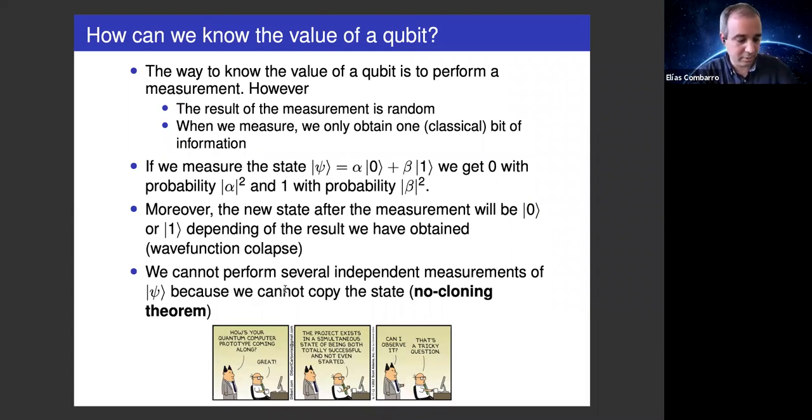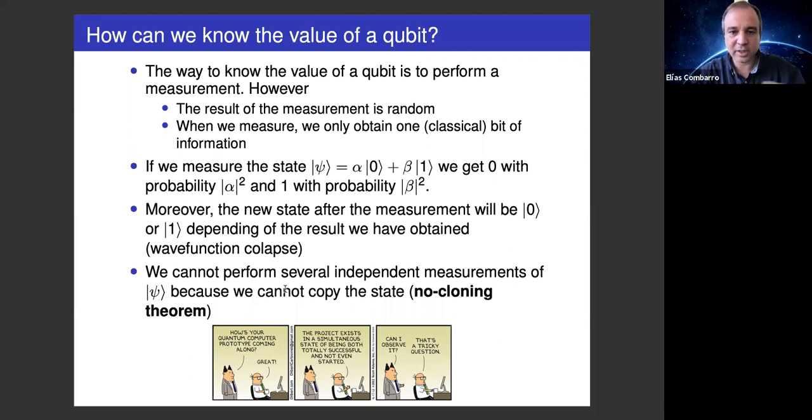In quantum systems, if you have an unknown state, if you don't know the state of the qubit, there is no physical way of copying this information into an independent qubit in order to have some backup of it. And this will also have some consequences for the way in which we design quantum algorithms.